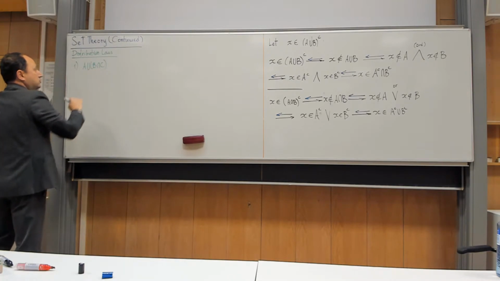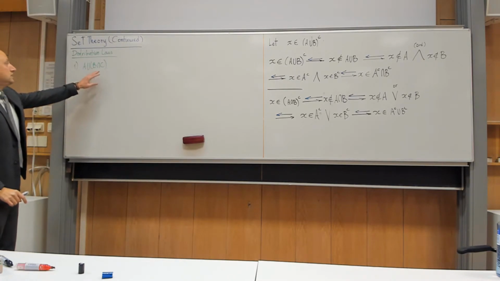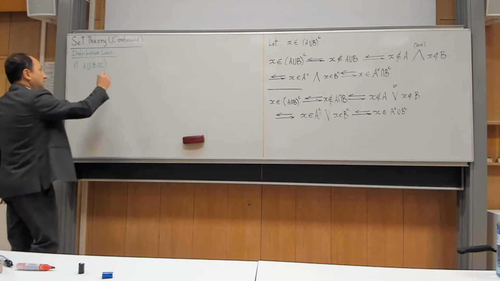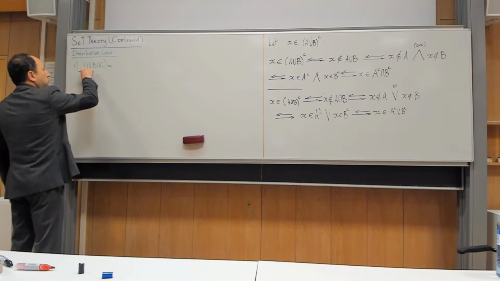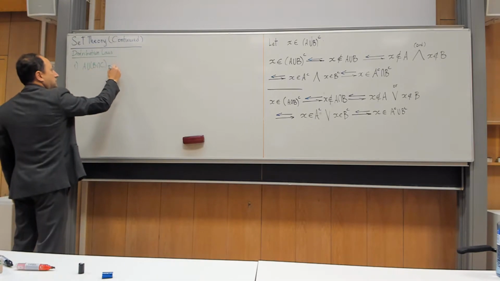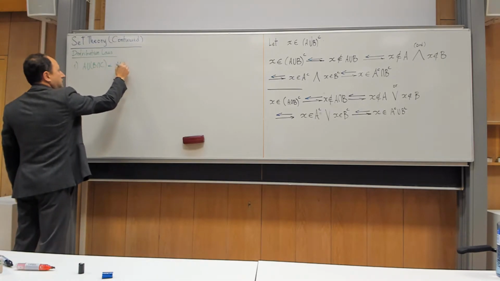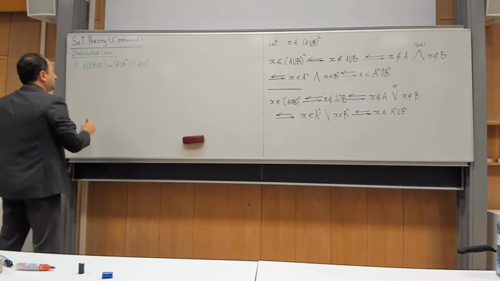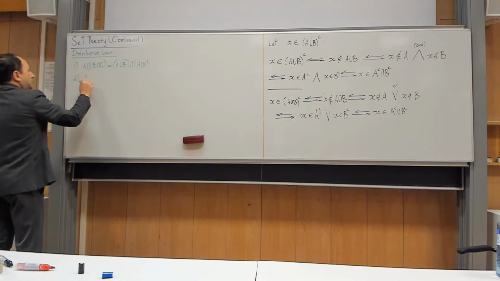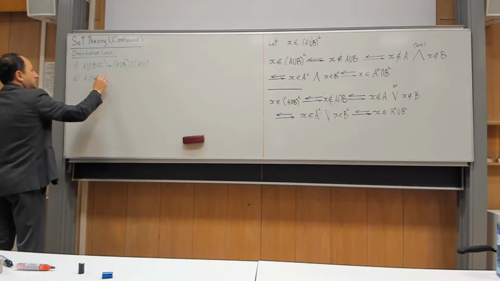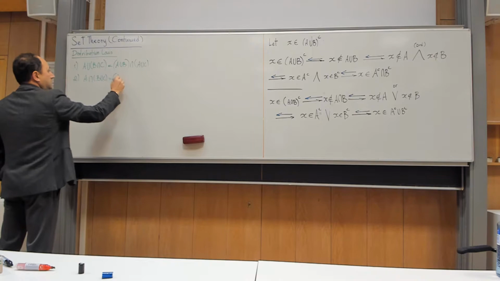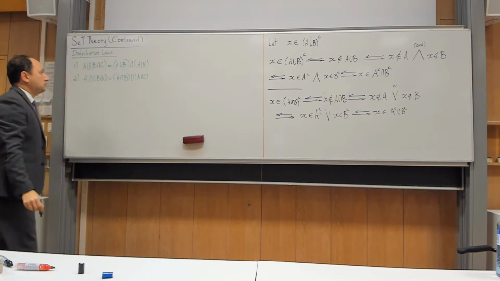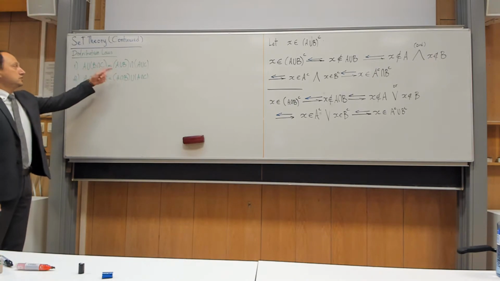This is important to remember. You have three sets and two different signs, one union, one intersection, and then you can distribute the union over the intersection by writing (A union B) intersection (A union C). And then number two, you have A intersection (B union C) equal to (A intersection B) union (A intersection C).